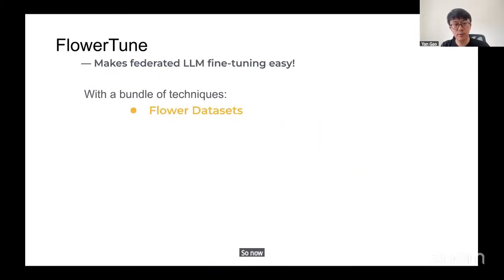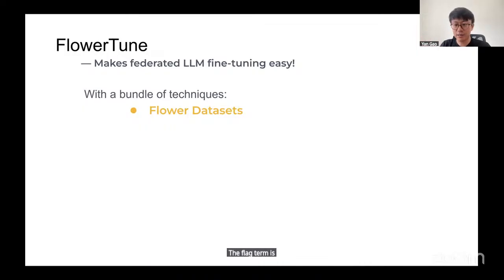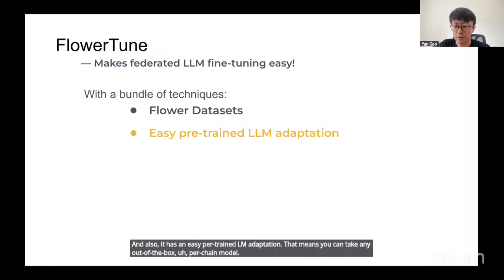Now let's start from the first part. You may already have heard about FlowerTune, but let me briefly remind you what it is. FlowerTune is a bundle of techniques to make federated LLM fine-tuning easy. It includes Flower Datasets to produce and partition the data, and it has easy pre-trained LLM adaptation. That means you can take any out-of-the-box pre-trained model and do the fine-tuning.